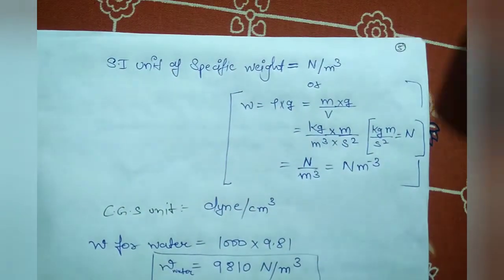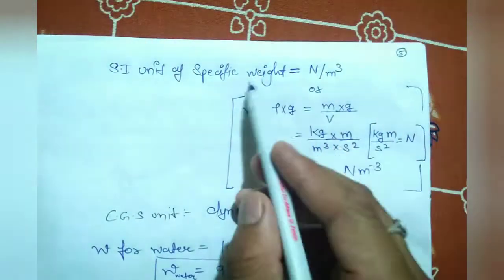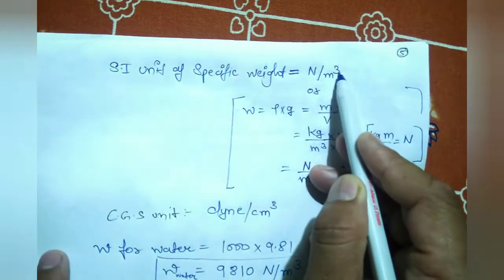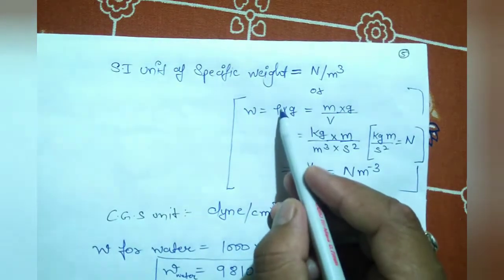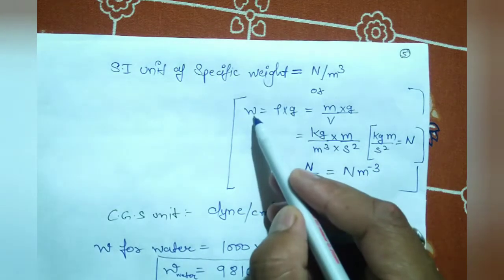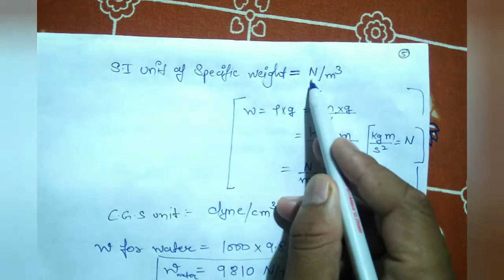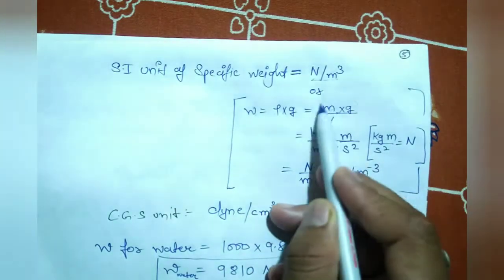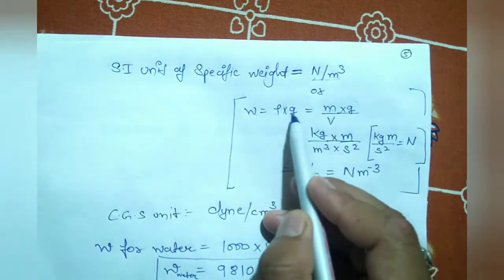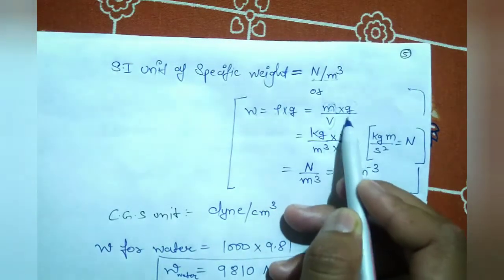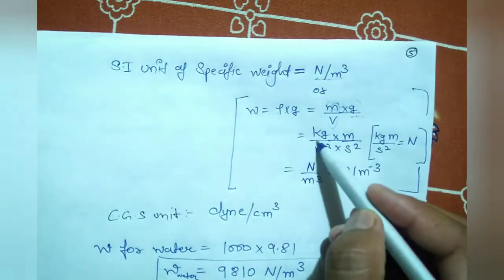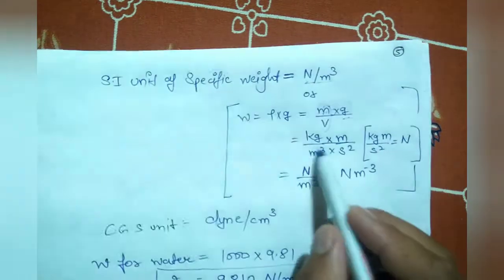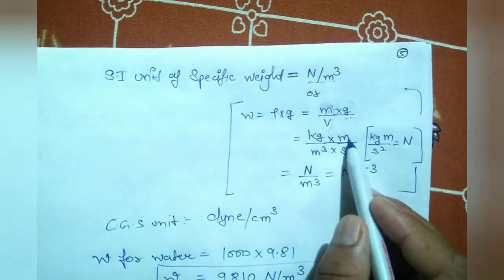Now talking about the unit of specific weight, the SI unit is Newton per meter cube. I will explain how it comes. w is equal to rho into g, where rho is m over v, multiplied by g. We put the units of every term: kilogram per meter cube and meter per second square.